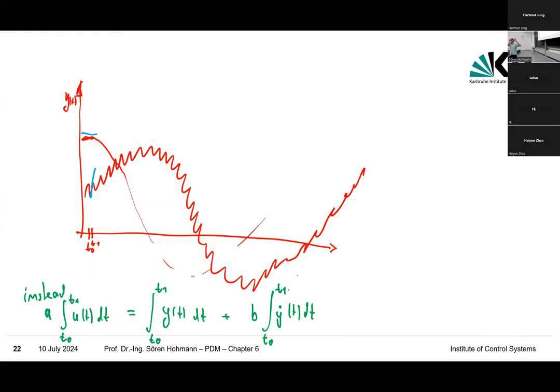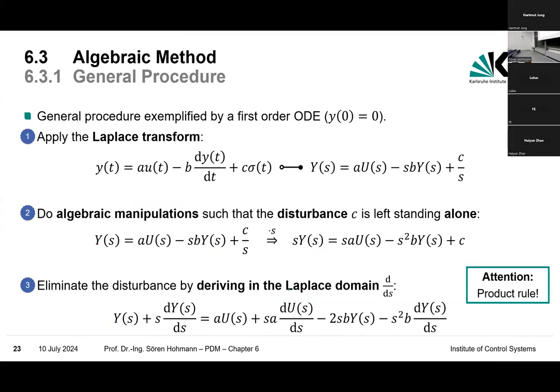You can do it also directly with integrals, but for me, it's easier to do it that way. And I want to show you this for this simple example, and then show the entire procedure. And I also want to show that you can get rid of some constant disturbances in your equations. And this works quite well.